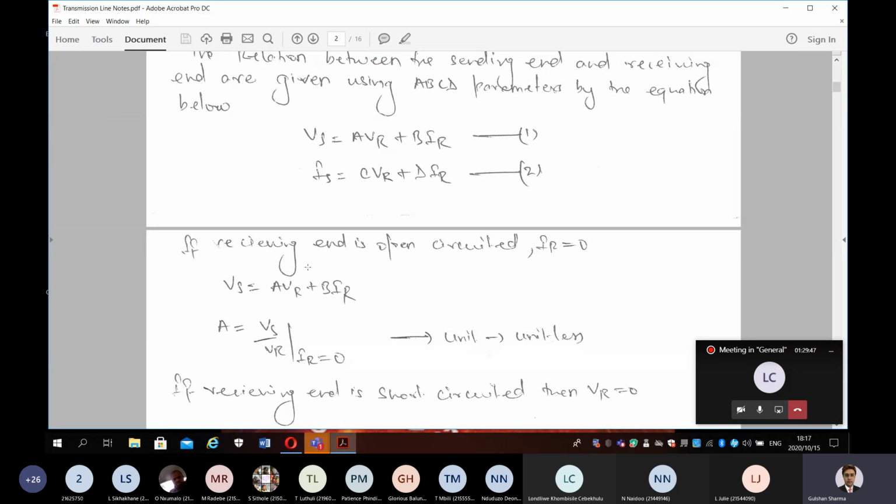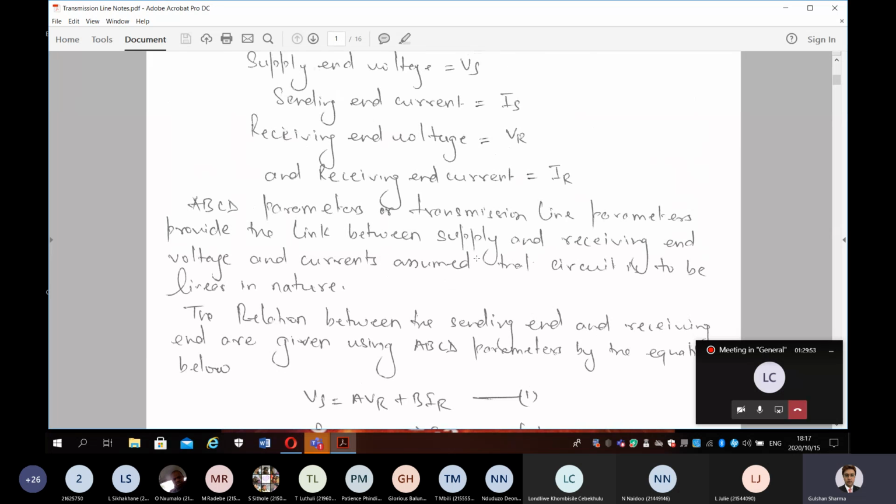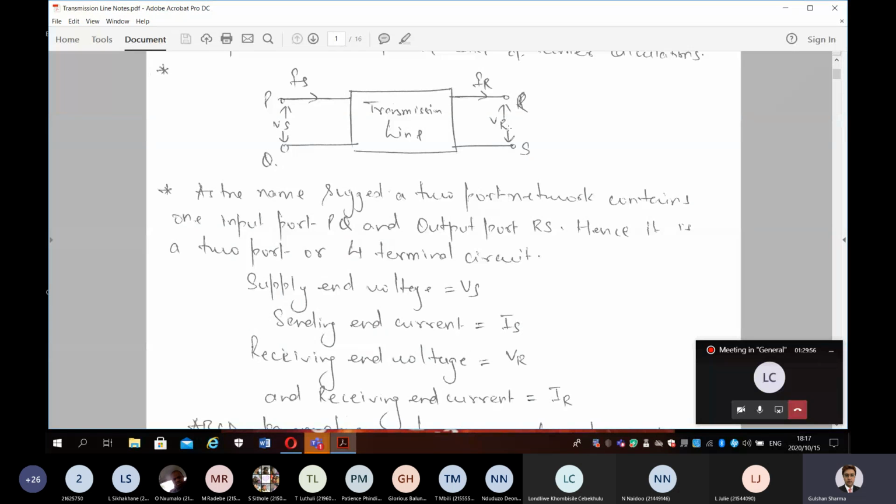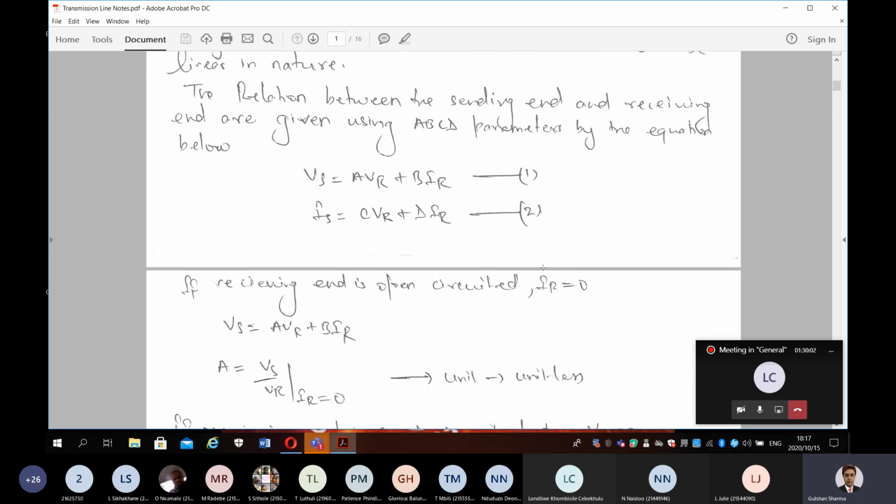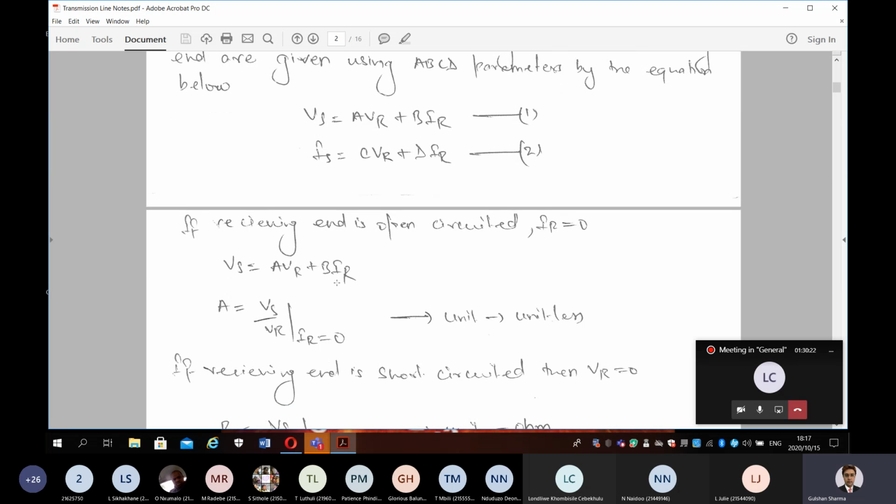I don't know what is written in the books. If the receiving end is open circuited, as I've already discussed, there is no flow of IR. So I have assumed that IR will be equal to 0. In this equation, if my IR is 0, meaning the receiving end is open circuited, then this term will be 0, and the value of my A will be VS by VR.